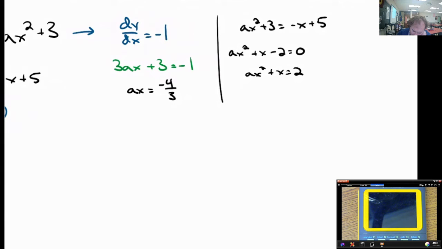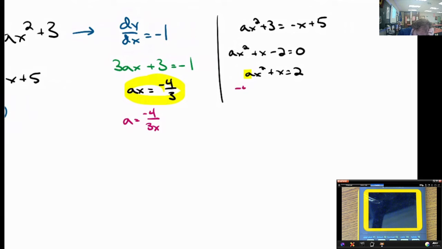What I'm thinking of doing right now is solving this equation over here for a and then substituting it in over here, thinking about this like a system of equations. So a is equal to negative 4 over 3x. And I want to plug that in for a over there, which will be nice because it's going to knock the x squared down a degree, and then I can actually get an answer. That'll be cool. Let's try it.